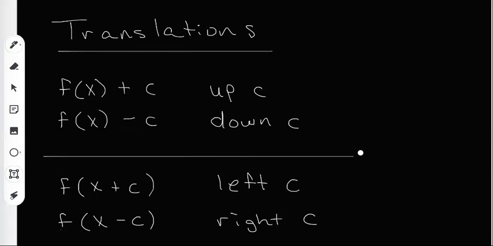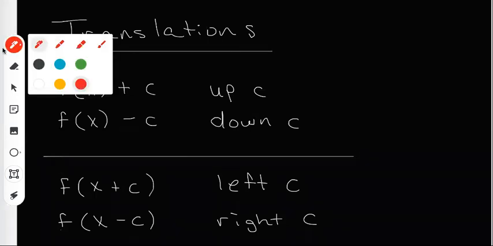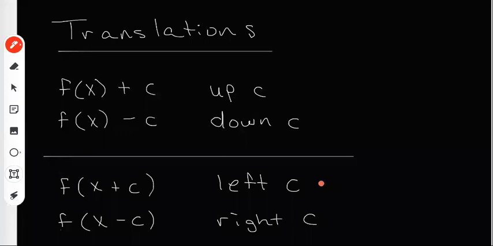Now, some people are kind of weirded out about the whole left thing. They think that if you're adding on the inside, that must mean you're going to the right. Well, that's actually wrong. When you add on the inside, you're actually moving the entire function to the left.